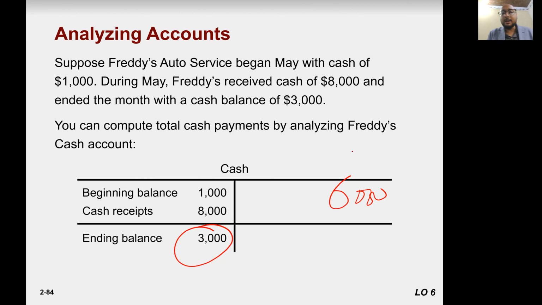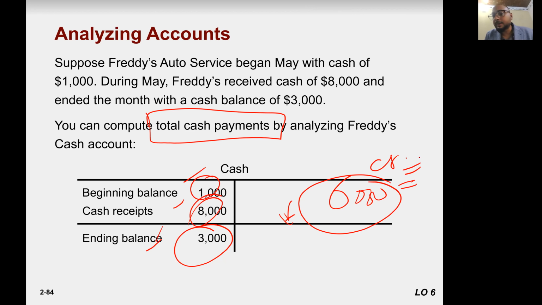So this is the credit, it means 6000 must be here, and 6000 what? Decrease the asset, it means cash is going out from the business, which means total payments we can also analyze by using a plug figure. If we are given these four, we can also find the fifth one, right? This is just like rearranging the equation.